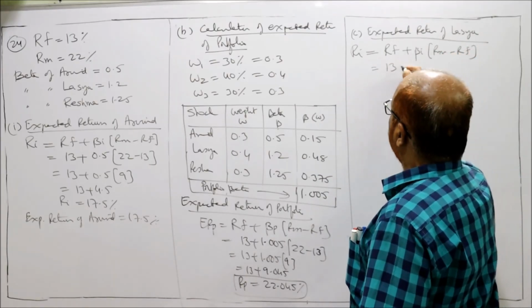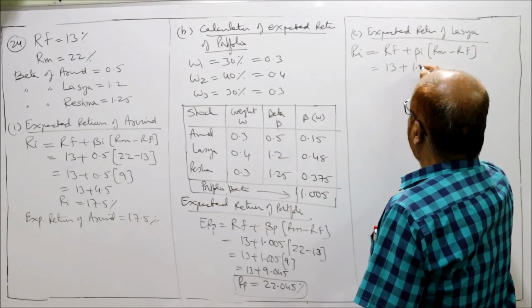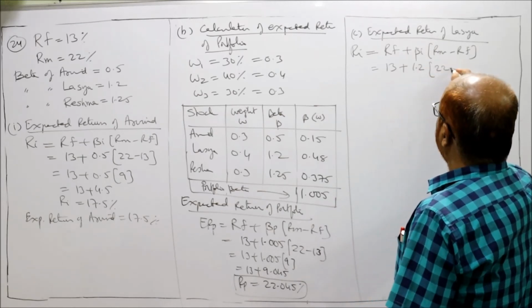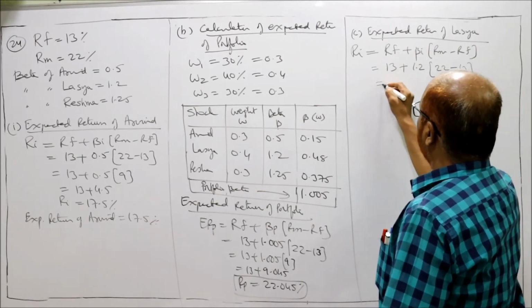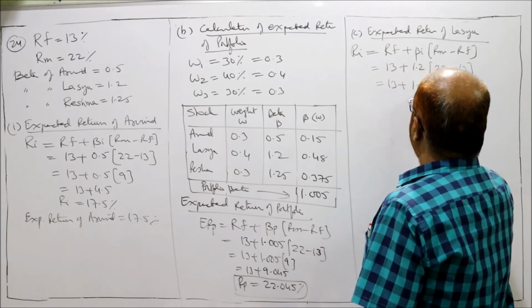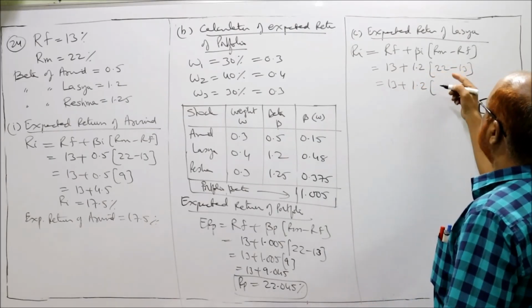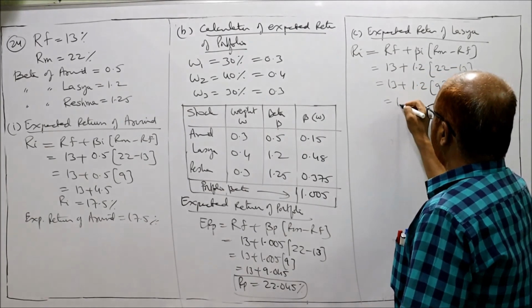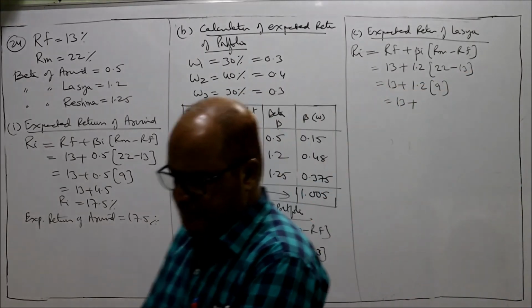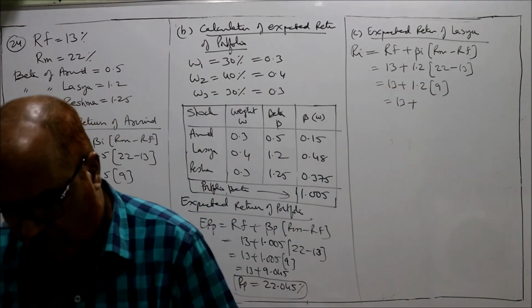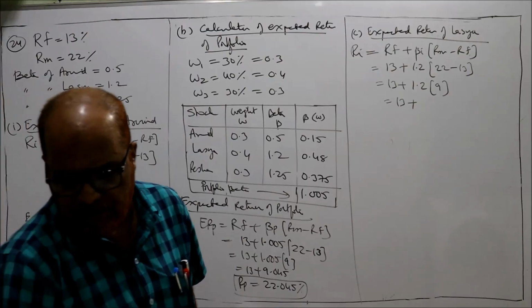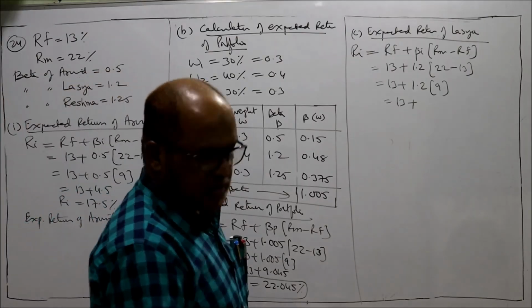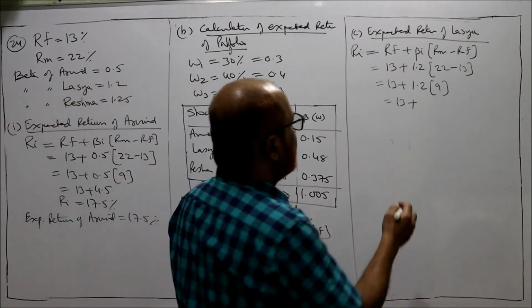Risk-free rate 13%, beta is 1.2, market return 22 minus 13. 13 plus 1.2 into 9. That is 23.8.